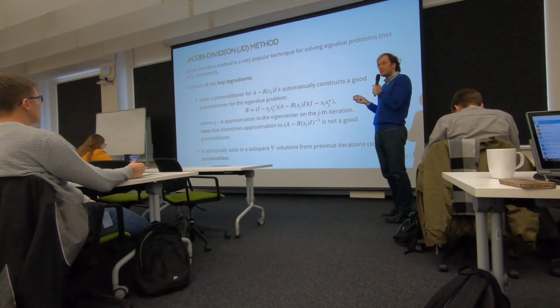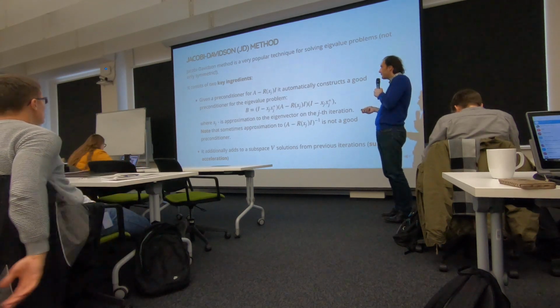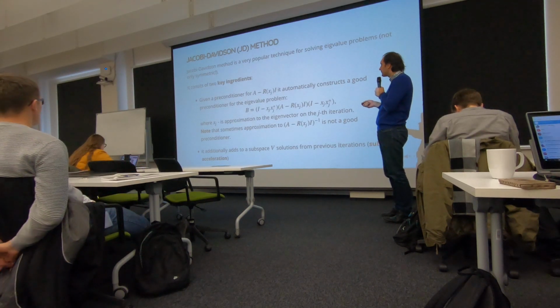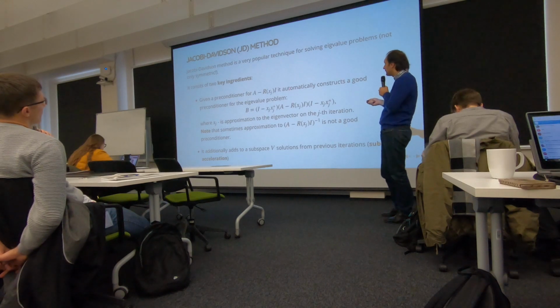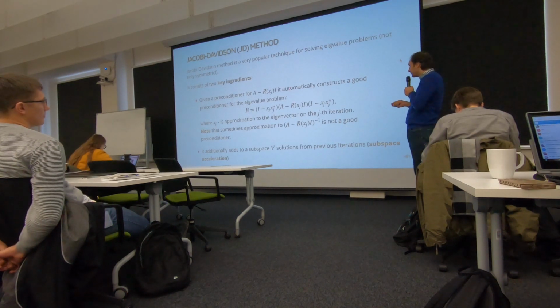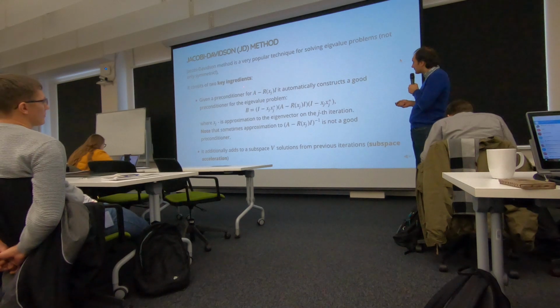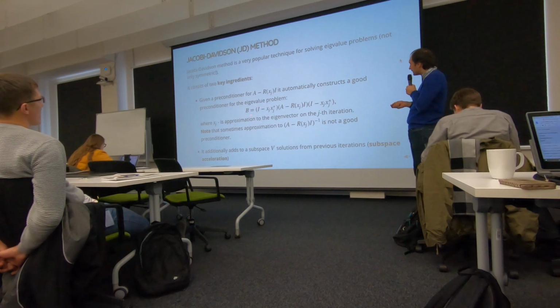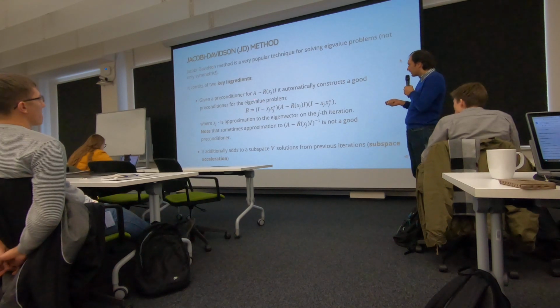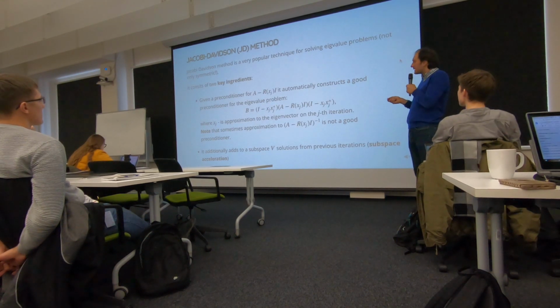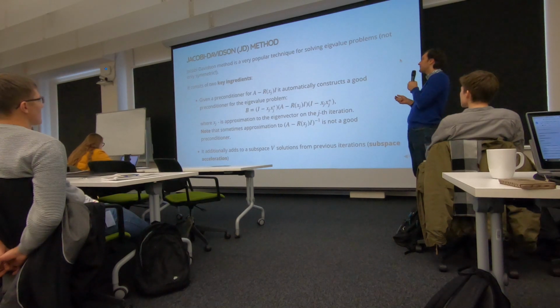And this can be close to singular, and especially if you are very close to the solution, it may cause problems. But instead of solving a linear system with this matrix, Jacobi-Davidson will solve a linear system with a matrix that is framed with two projectors on a subspace orthogonal to the current approximation of the eigenvector.